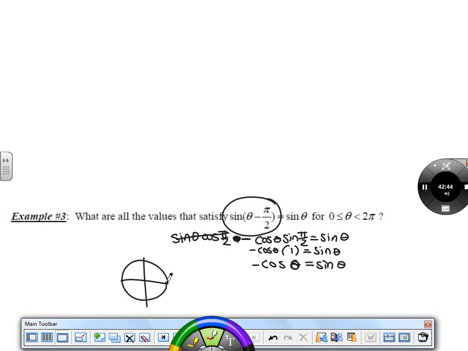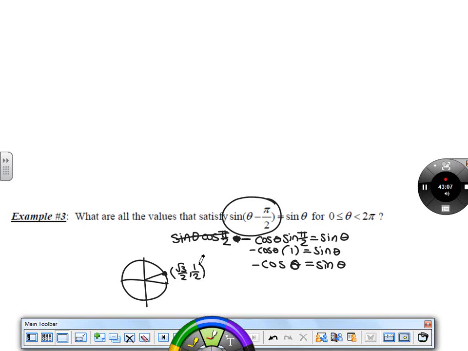Now, I'm just going to pick one way off base just to show you if it makes sense. Let's say I pick 30 degrees. Tends to be my number of choice today, right? I know that the coordinates at 30 degrees are root 3 over 2 and 1/2. Correct? Does 30 degrees, or pi over 6, make this equation true?